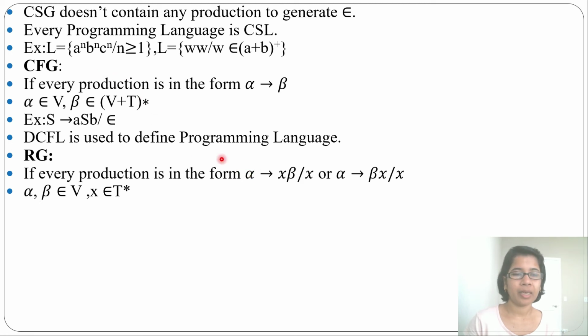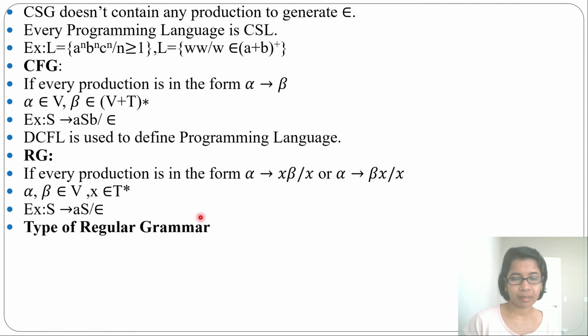In context free and in regular grammar, only a variable is allowed on the left side, and the right side can be variable plus terminal. In regular grammar, it can be in either form: x beta or beta x. Here is one example: A tends to aA or epsilon.